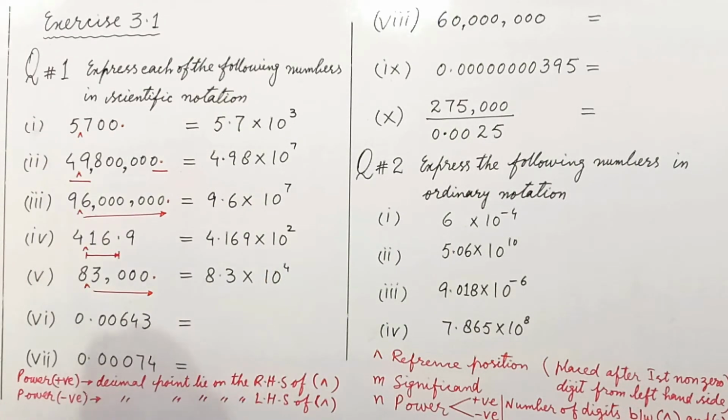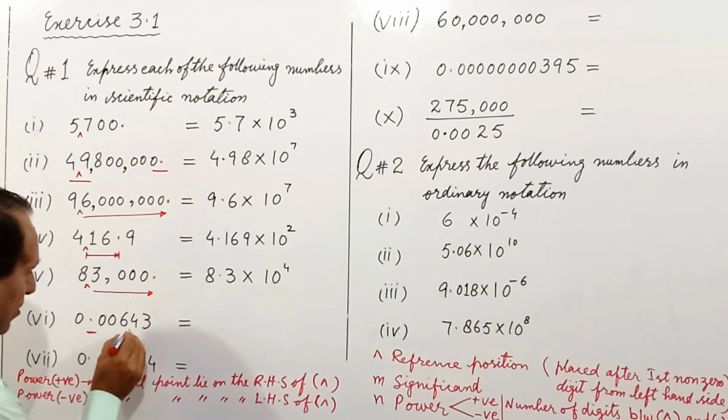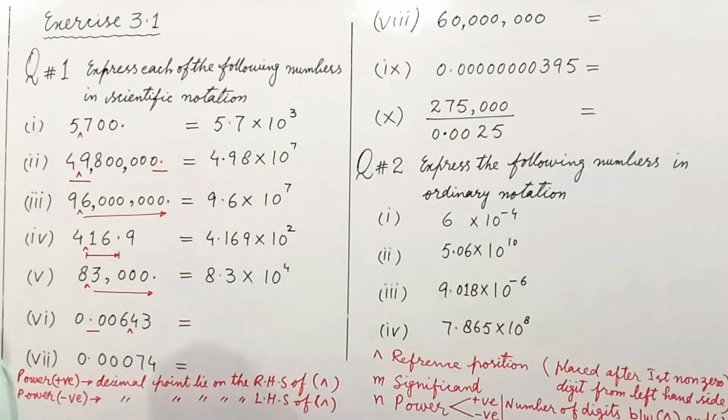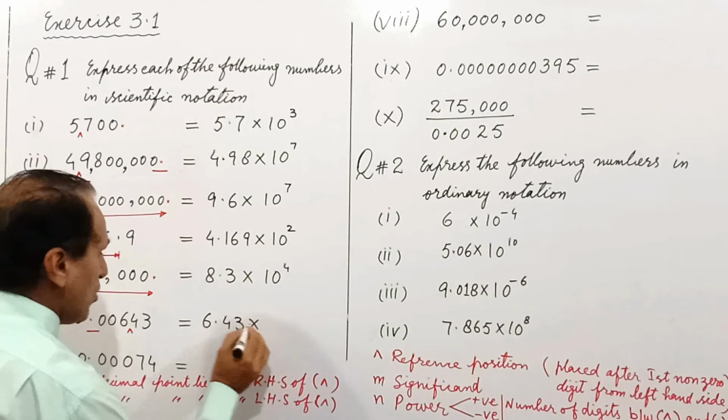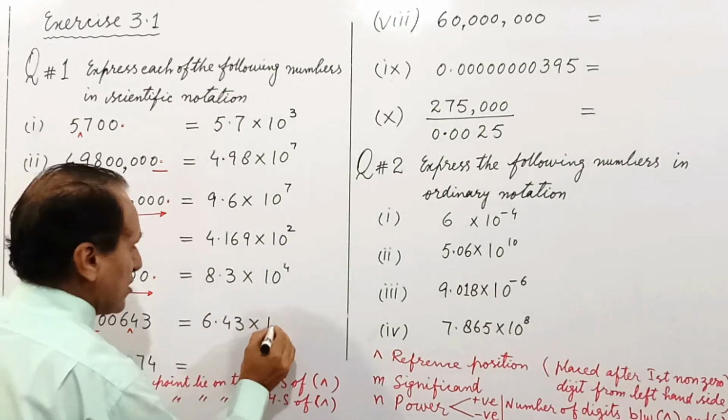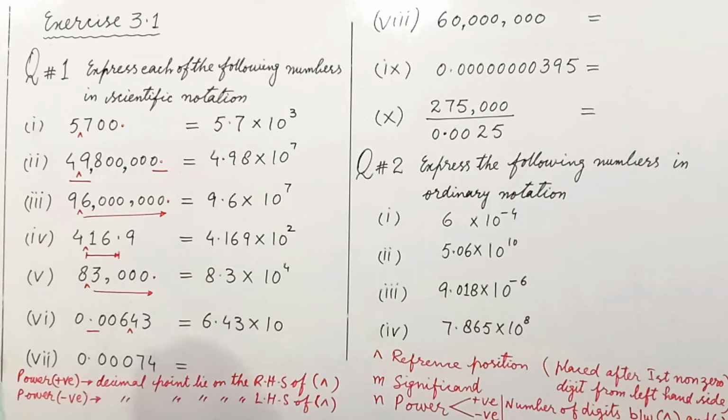We move to the next part, 6. In this part the decimal point lies over here, and we place a reference position after the first non-zero digit from the left hand side, between 6 and 4. Now we write the significand, which will be 6.43, because the reference position helps us to write the relocated position of the decimal point. 6.43 times 10 raised to power n, and the power n will be the number of digits lying between the reference position and decimal point, and that is 1, 2, 3.